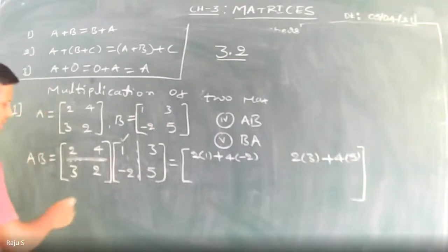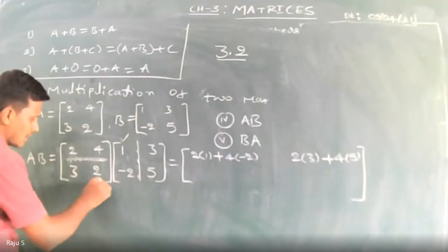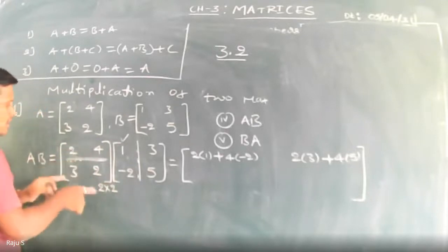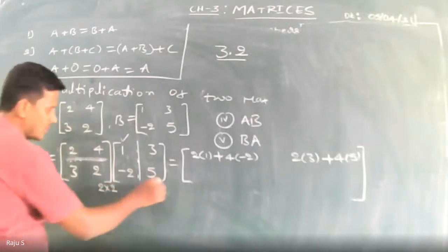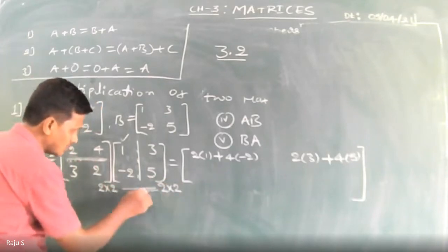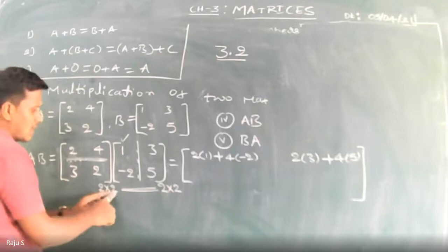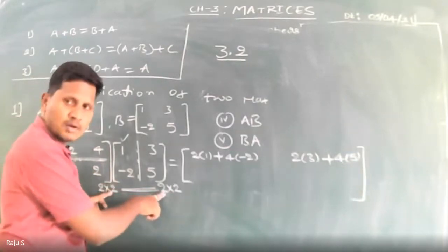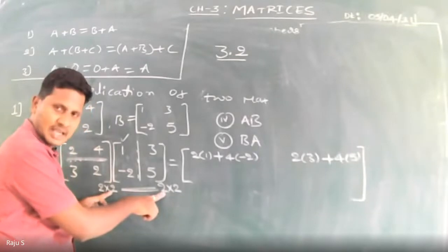Before that, as I clearly explained in yesterday's class and last class, the order of the first matrix is 2 by 2, the order of the second matrix is 2 by 2. Clearly, these two are the same. The number of columns of the first matrix should be equal to the number of rows of the second matrix.